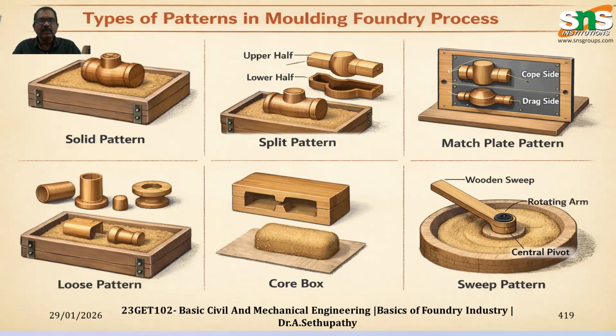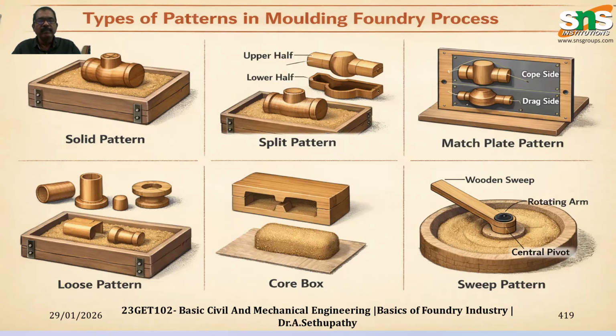The size of the pattern is comparatively larger than the actual size of the part. The pattern is manufactured by making a design with design software, using materials like aluminum, plastic or wood. The pattern is first fixed inside the molding box, the sand is filled in and rammed and squeezed.